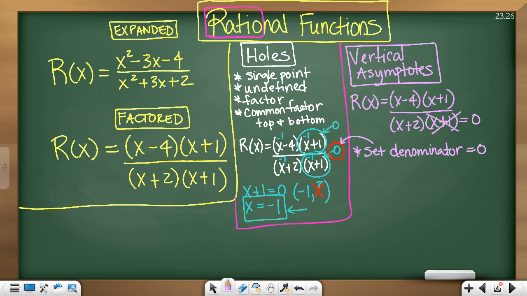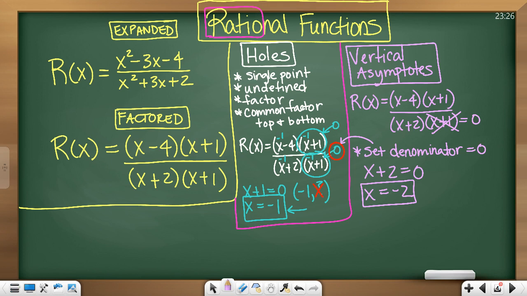The only thing I have to set equal to 0 is x plus 2. So since x plus 2 equals 0, x equals negative 2 is a vertical asymptote. So there's a hole at negative 1, and there is a vertical asymptote at negative 2.